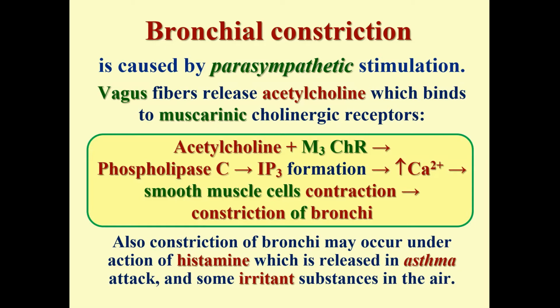So not only due to contraction of the smooth muscles, but also due to edema of mucosa, and also even hypersecretion of the mucus, and this mucus becomes too viscous, hardly moving, and it blocks the remaining little lumen. So it may produce serious suffocation attack in case of severe asthma attack. And some irritant substances in the air also may produce contraction of smooth muscle cells in walls of bronchi and constriction.